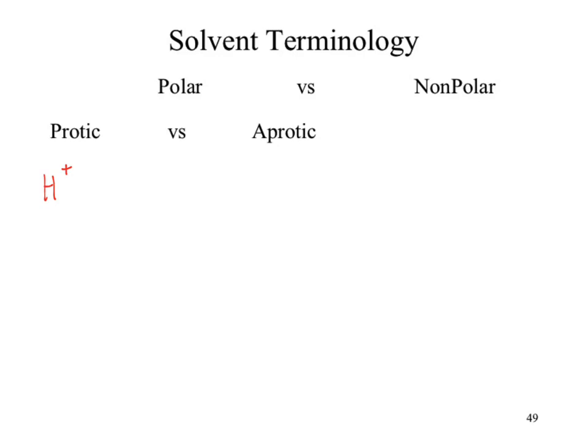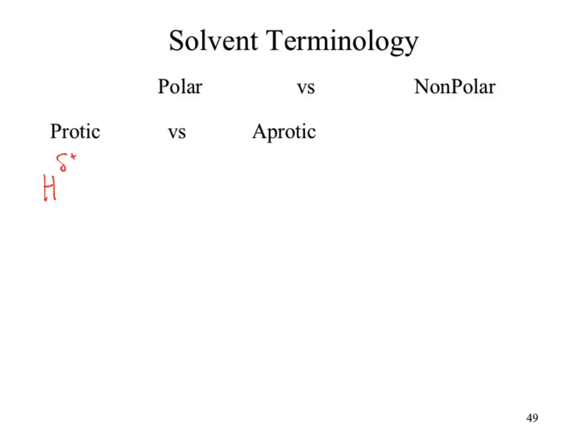So all of our acids are by definition protic solvents because they release H+. But do you have to be an acid to have a positively charged hydrogen? Said another way, can you have a partially positive hydrogen and be not an acid? Yeah, water. Water gets us partially positive hydrogens.